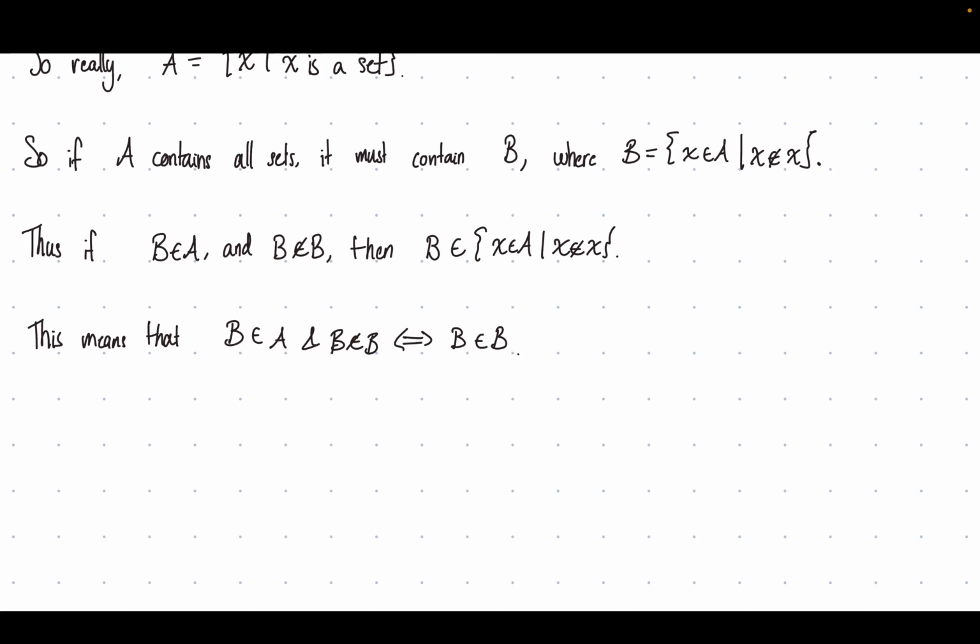And we can further simplify this a little bit to show a more apparent and visceral contradiction. We can simplify this to: B is not in B if and only if B is in B. And now this should strike you as something that is completely impossible, ridiculous.